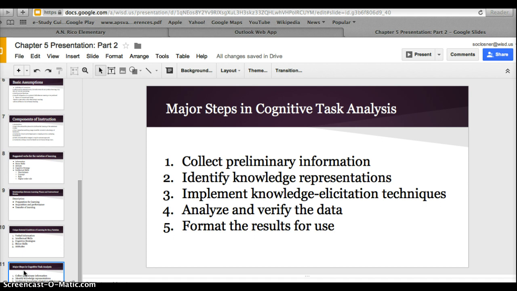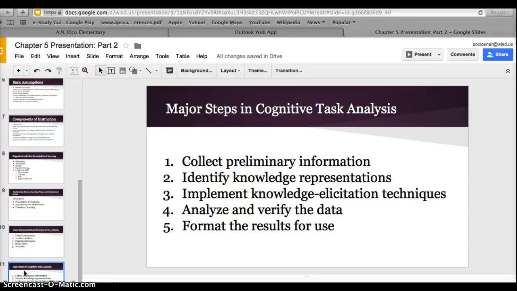Major steps in cognitive task analysis. Cognitive task analysis is an extension of traditional task analysis that emerged to address the goals, knowledge, mental processes, and decisions that underlie observable actions. The first 3 steps in cognitive task analysis are to collect preliminary information about the task, identify essential subtasks, and use interviews to identify the needed conditions and cognitive processes essential for the tasks.